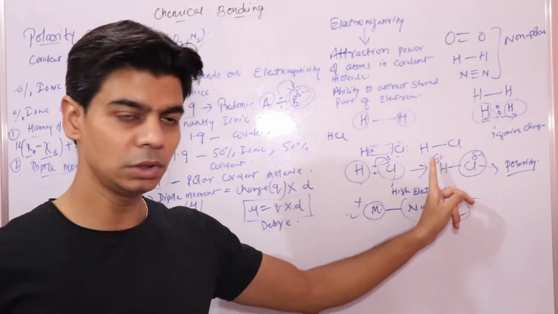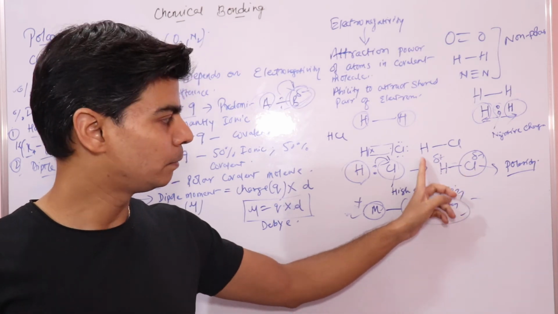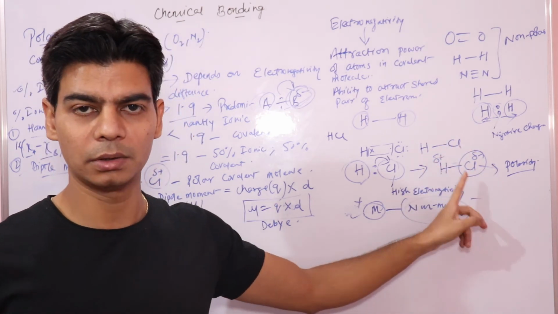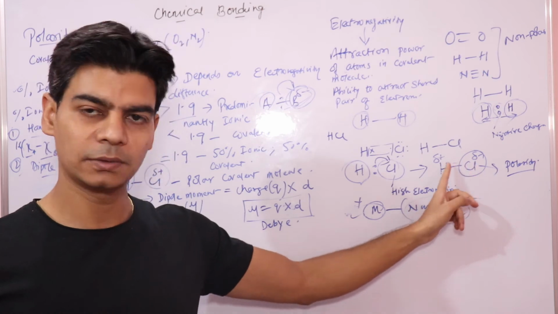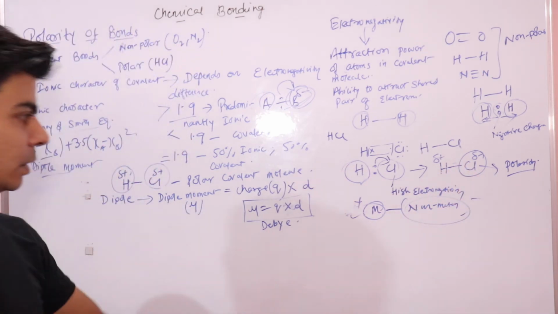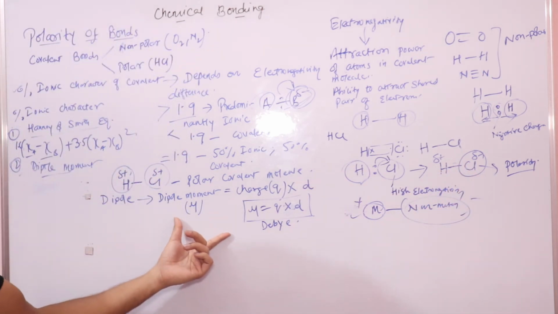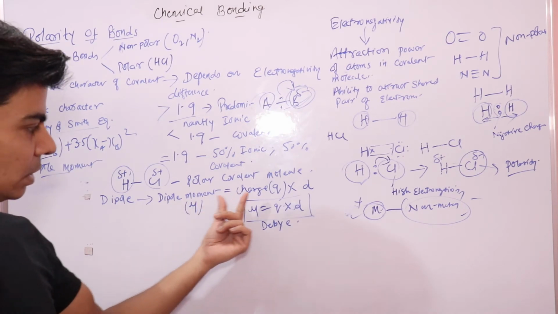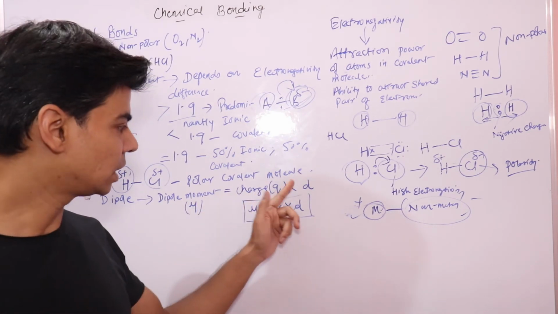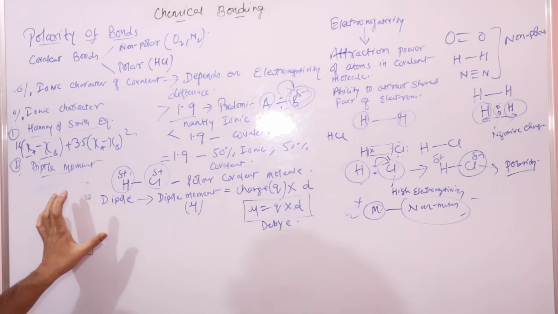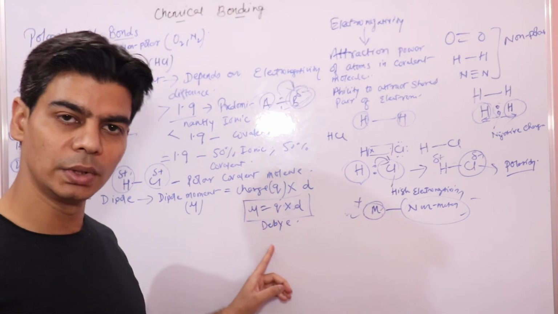So two poles, positive and negative, means you have a dipole. Di means two poles. So a dipole has a dipole moment. The mathematical formula for a dipole moment is charge into distance between the two atoms. It's calculated in unit Debye.